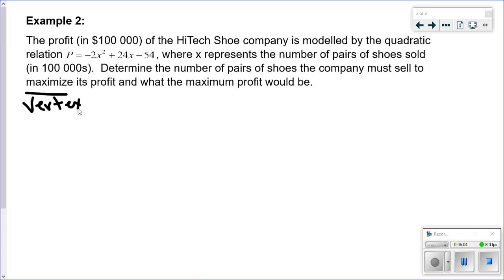So once again, we need to find the maximum value. We've got to find our vertex. As of now, we have two options. We could factor, or we could find the partial factor.